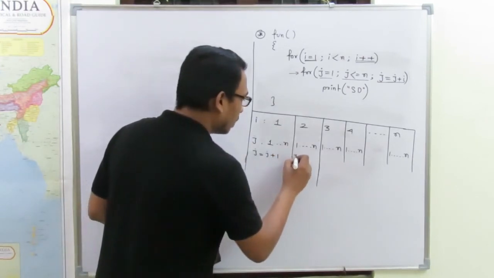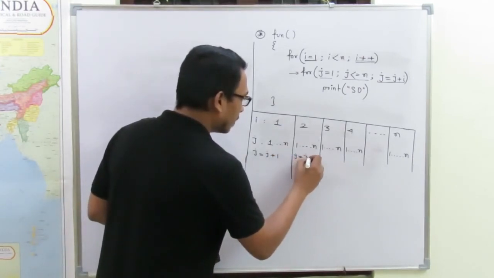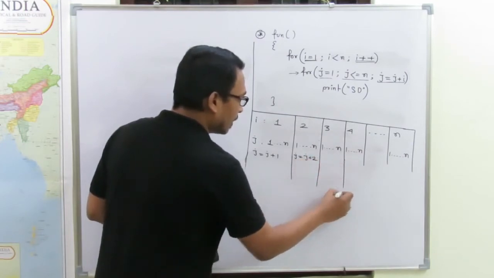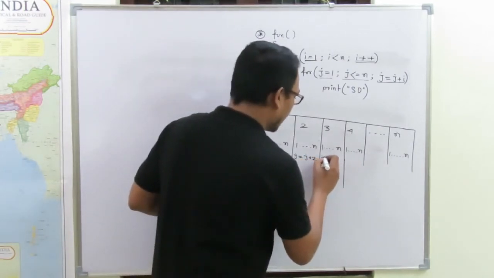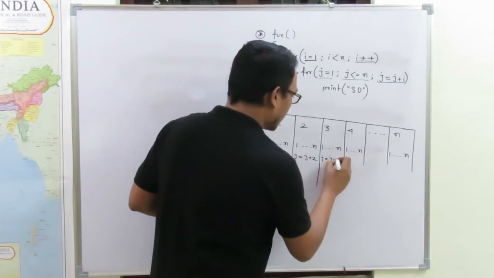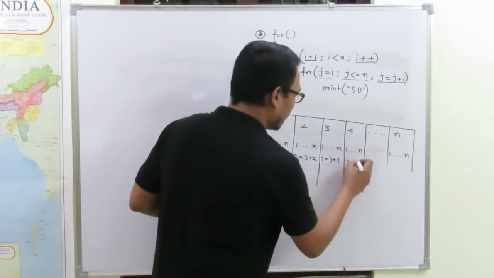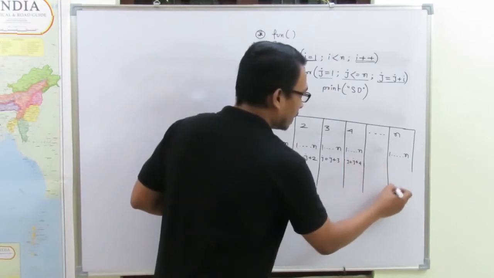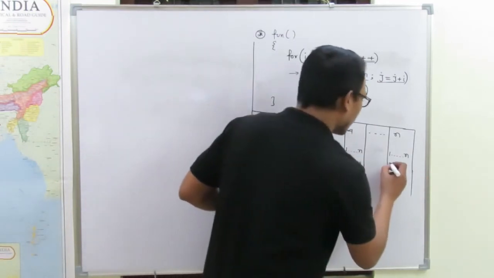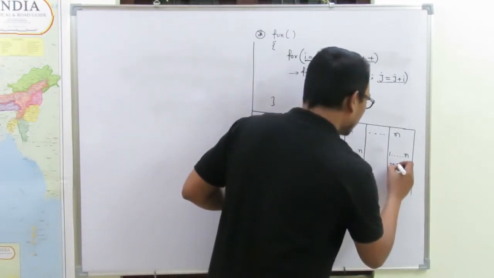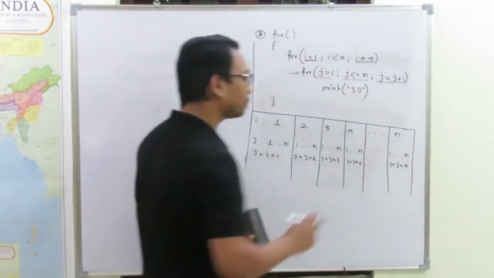Here the value of j will change as j equal to j plus 2. Here it will become j equal to j plus 3. Here it will become j equal to j plus 4. Here it will become j equal to j plus n.